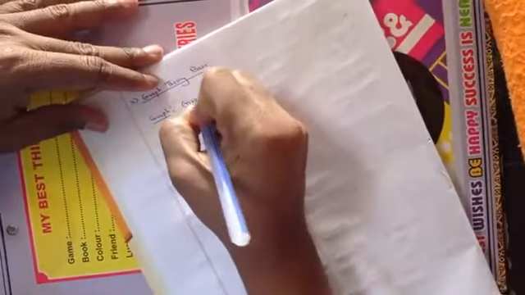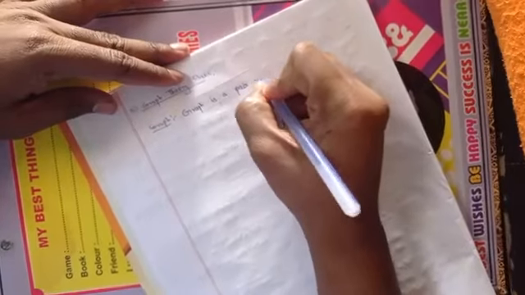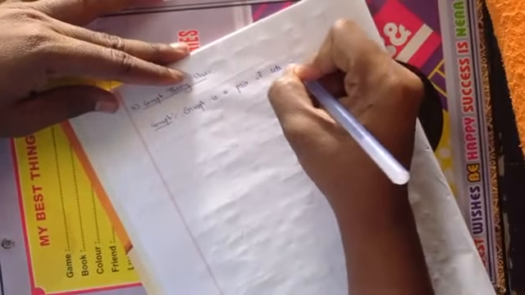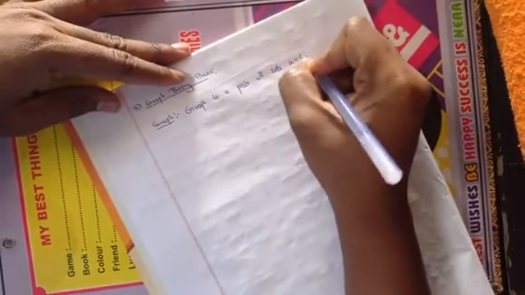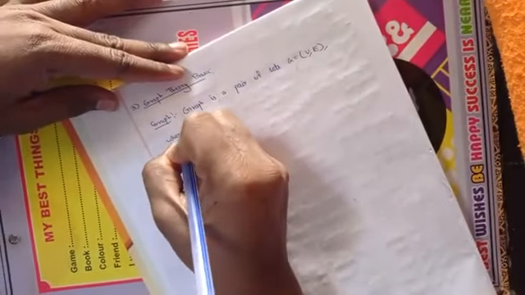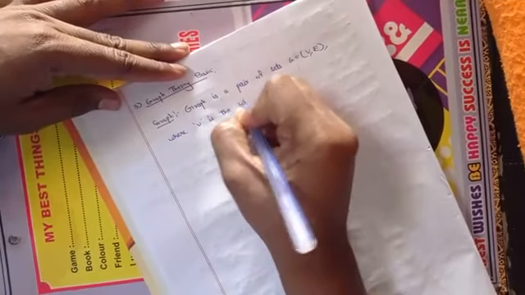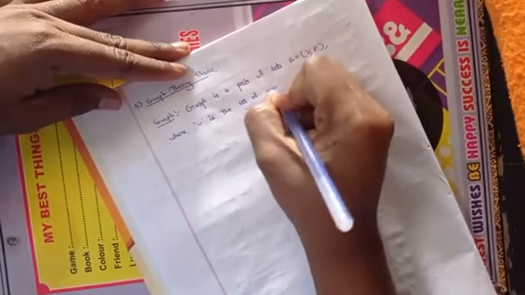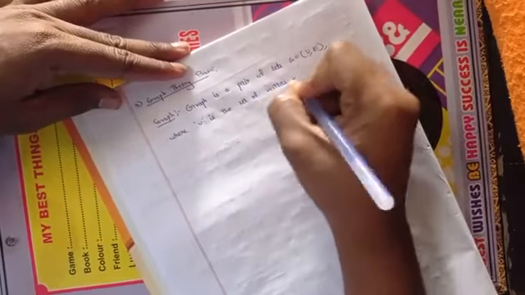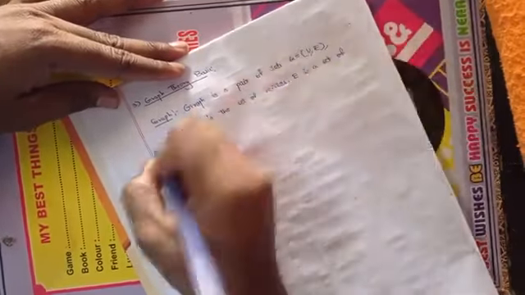Graph is a pair of sets. G is equal to (vertices, edges), where V is the set of vertices, E is a set of edges.